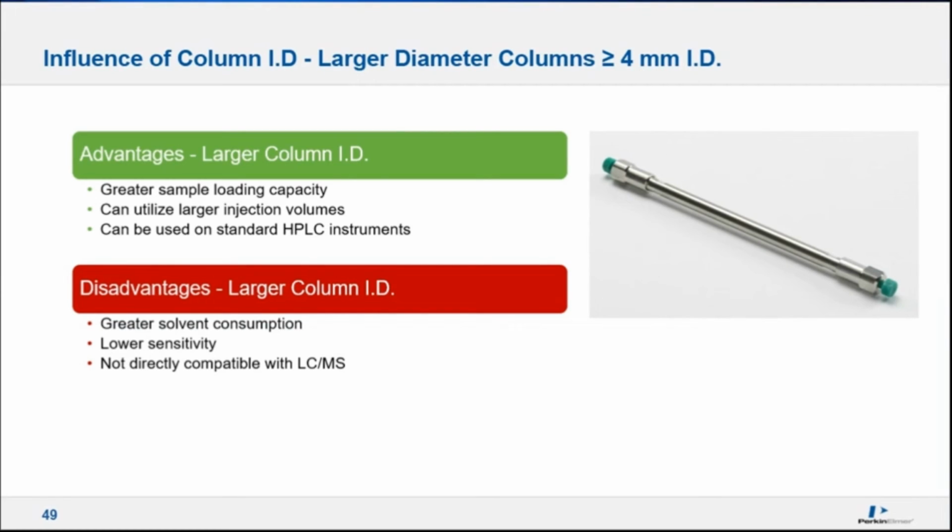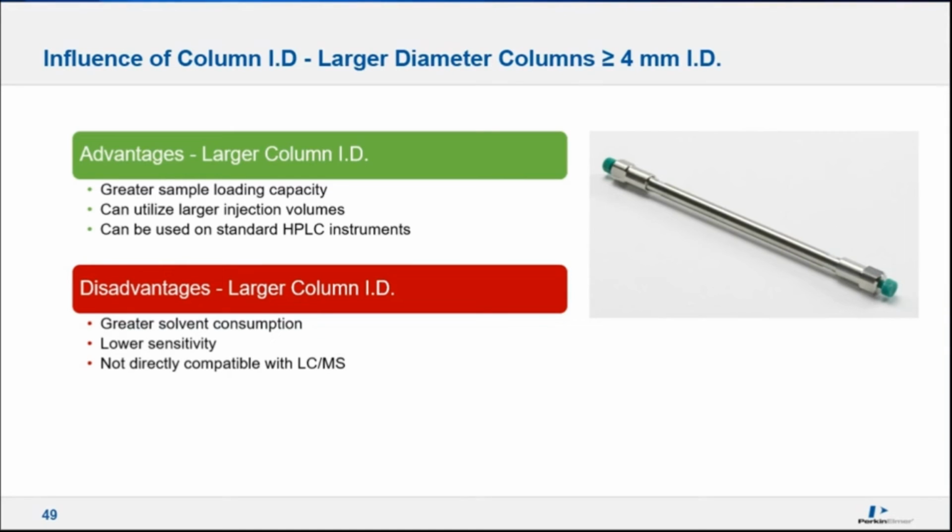They can utilize larger sample injection volumes and can be used, very importantly, on standard HPLC instruments. You don't need the latest state-of-the-art ultra-high resolution instrument to utilize these 4 millimeter ID columns and larger.